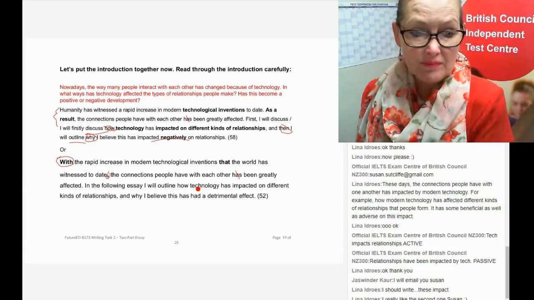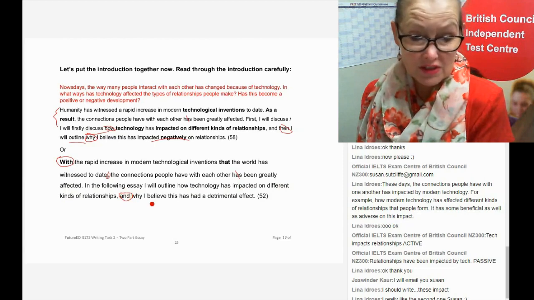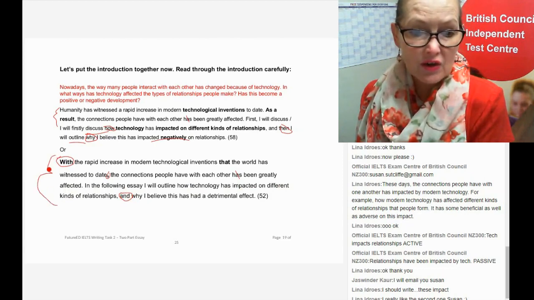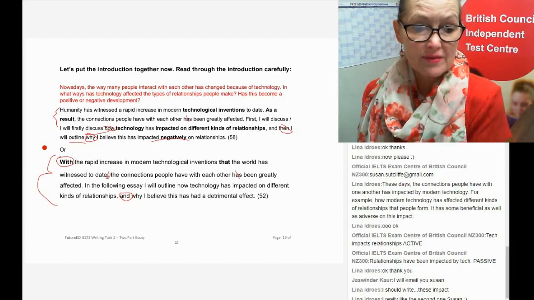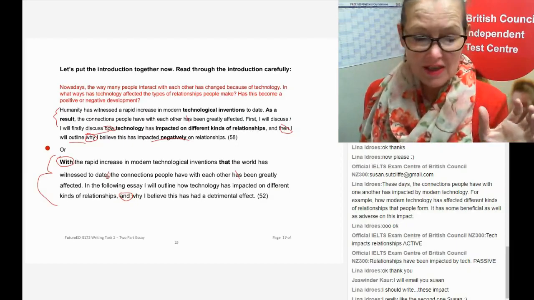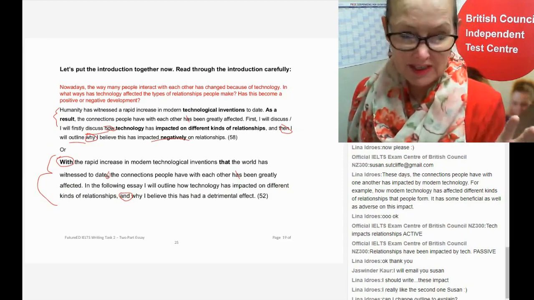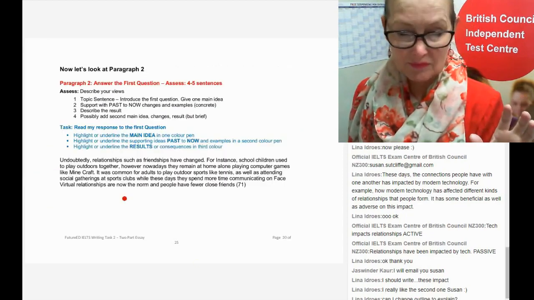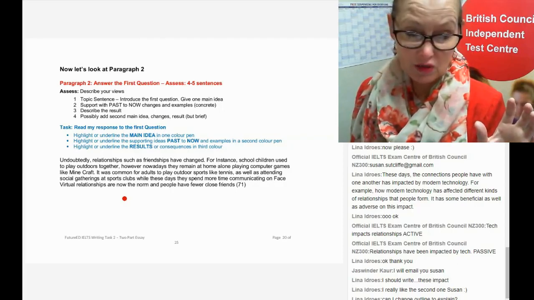So with the rapid increase in modern technological inventions that the world has witnessed to date, and then you see I've now got a comma and I'm joining those first two sentences over there into now one sentence. And this is what gives me a complex sentence with my main clause and a dependent clause.